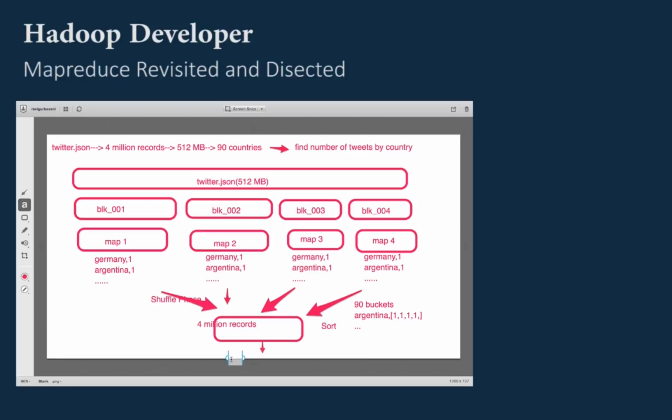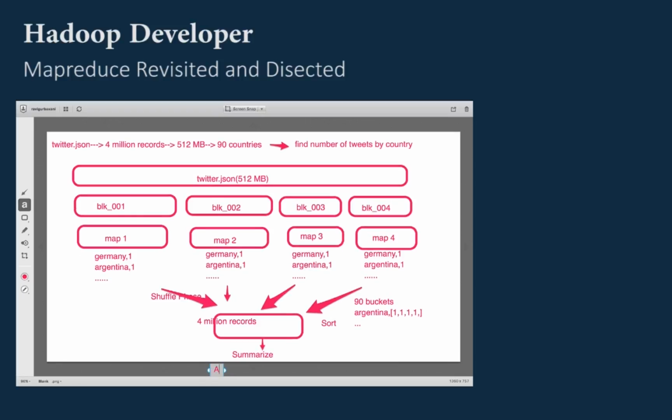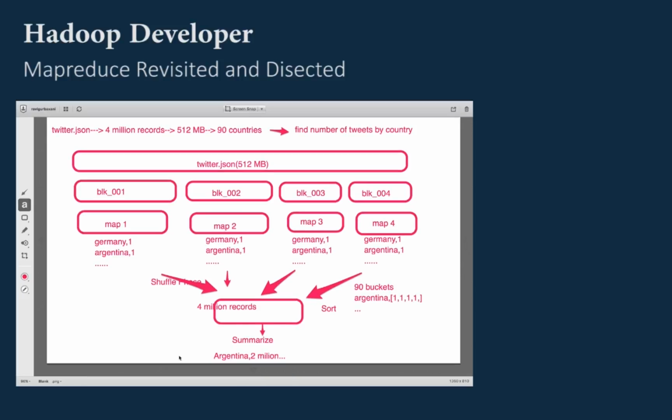So the reduce function will be called 90 times, and it will summarize and give us stuff that looks like this, and so on and so forth. This is how MapReduce really works. So mapper operates on 1 record at a time, and reducer operates on 1 bucket at a time.